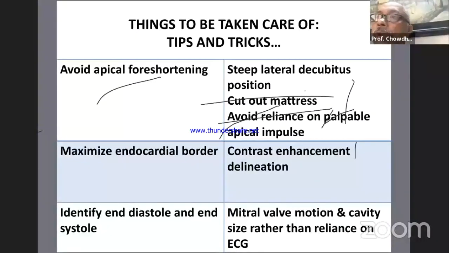The rule is to find the maximum dimension of the left ventricle, and to obtain that maximum dimension, at times we need a steep lateral decubitus position, and to obtain this, often we need to go beyond the lateral side, and a cutout mattress is a good solution to that.